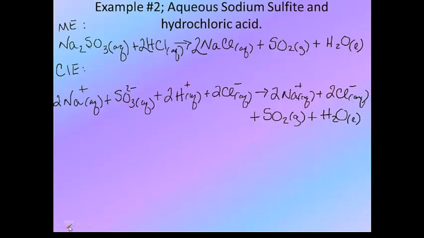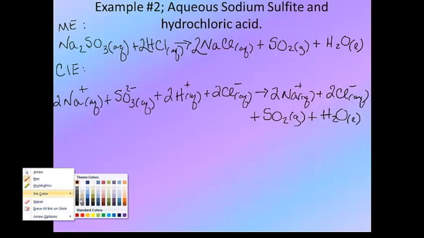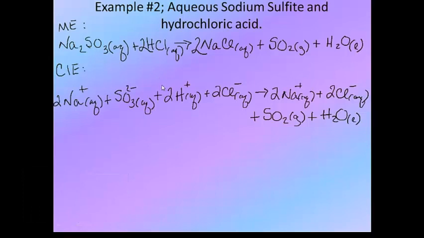Now let's look for the spectator ions. You are looking for the exact same substance on the left of the arrow as on the right with the exact same coefficient. Notice sodium and chloride, and those are the only 2 spectator ions.